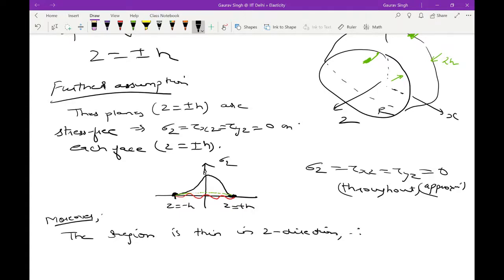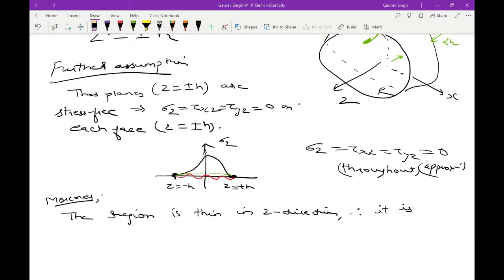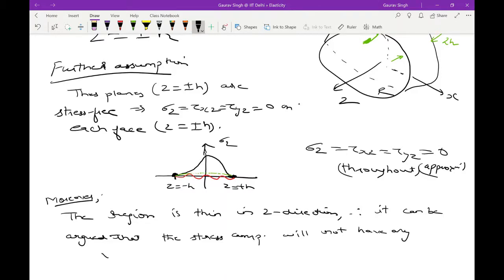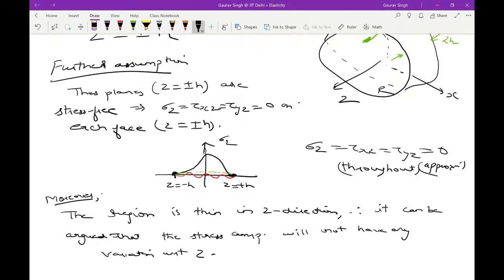Therefore, it can be argued that the stress components will not have any variation with respect to z. Same reason, right?